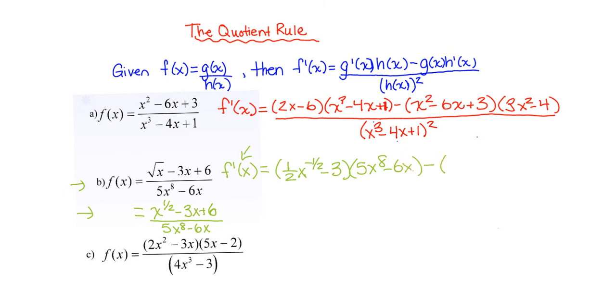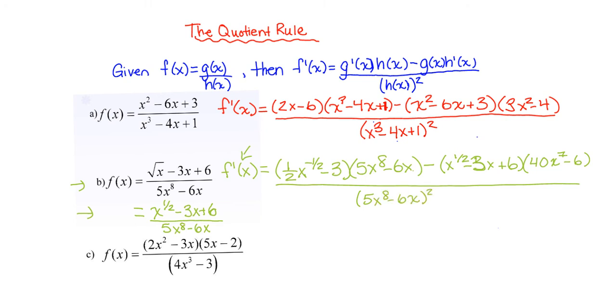Subtract the top multiplied by the derivative of the bottom, which is going to be 40 x to the power of 7 minus 6, all divided by the bottom written exactly squared.